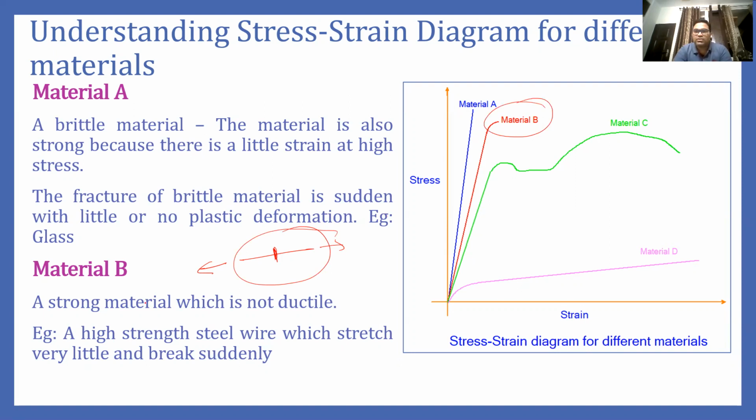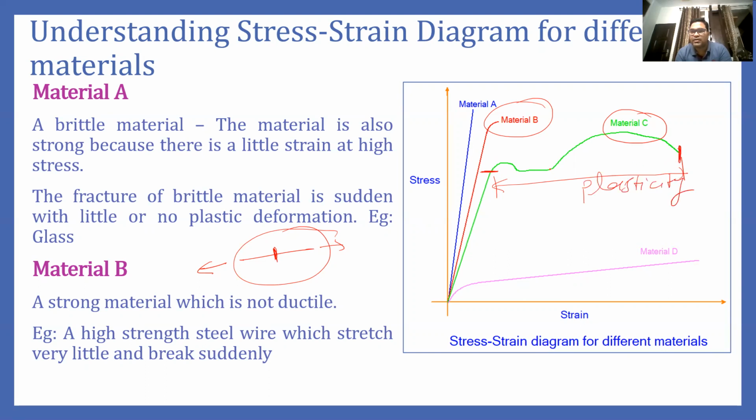Now talking about material C. Here you can see this material is having a straight line, which means it has some elastic region, and after that it gets into a lot of deformation. You can see the curve is very large, and it is basically showing plasticity.